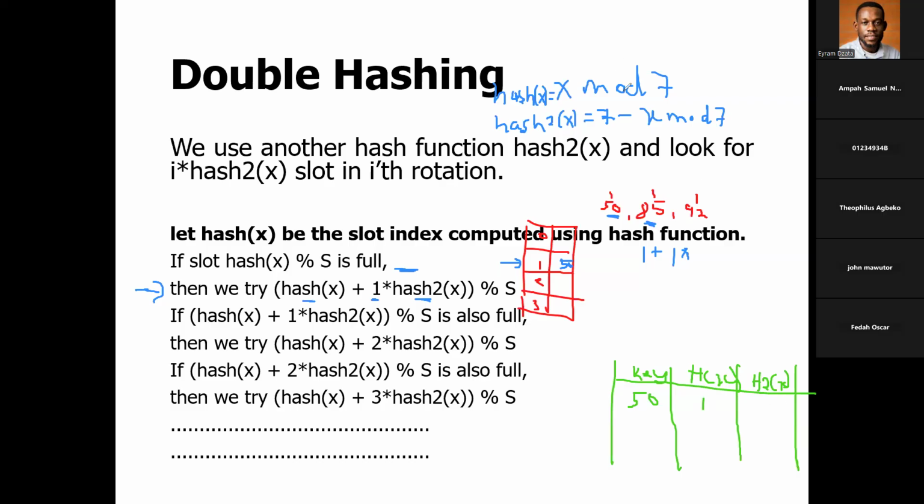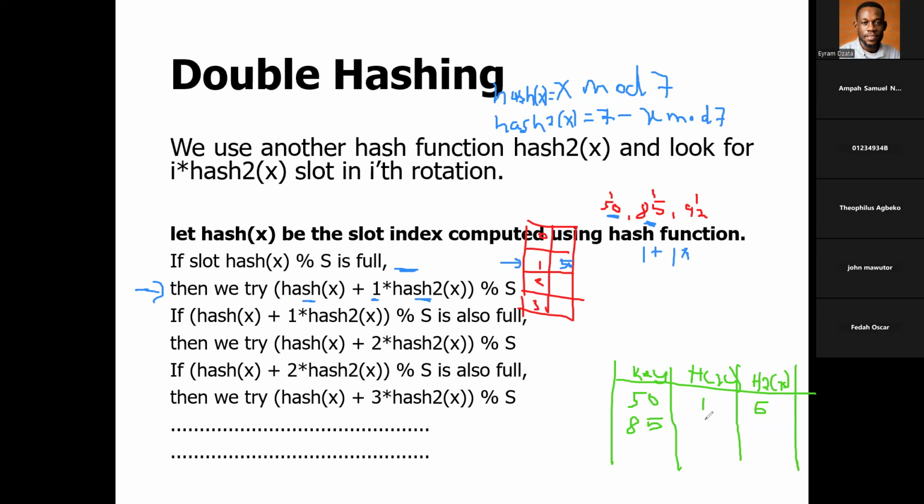Then our hash 2 will be 7 minus 50 mod 7, so 7 minus 1 will be 6. Are you all following? Yes, sir.